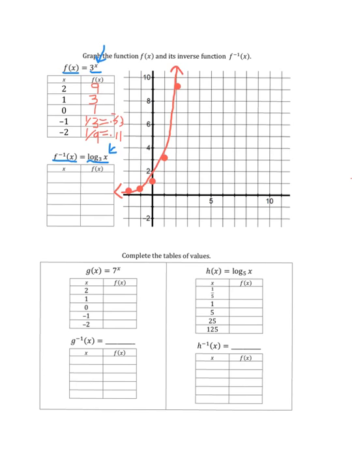Let's take the outputs of f of x, which are 9, 3, 1, 1/3, and 1/9, and let's put them in as the inputs for the inverse of f of x. So we'll put 9, 3, 1, 1/3, and 1/9.